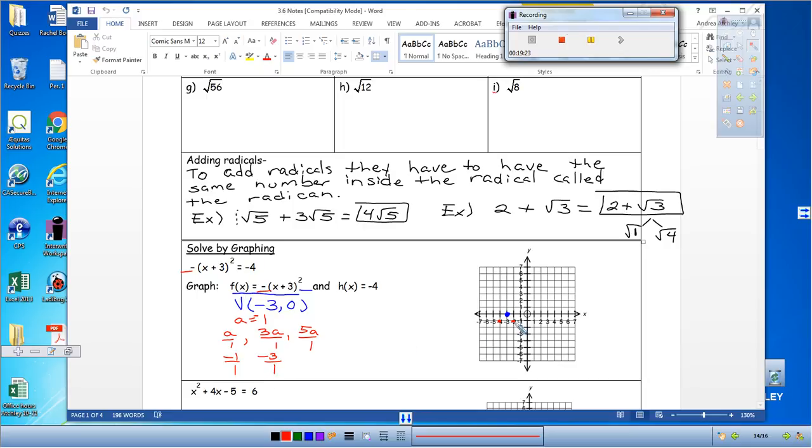So from here, I'm going to go down 1, 2, 3, and over 1. I would do the negative 5, but it's going to move off my graph, so I don't really need to do that. Okay, so this is going to be my wonderful parabola.